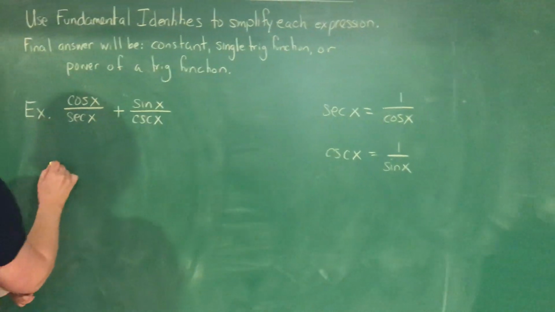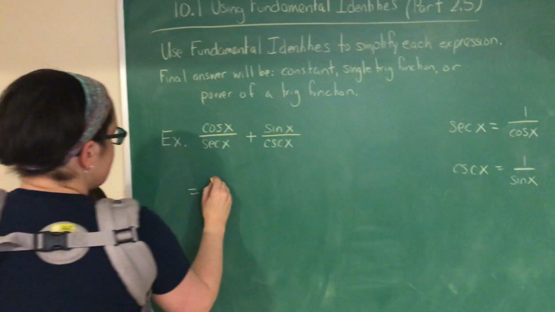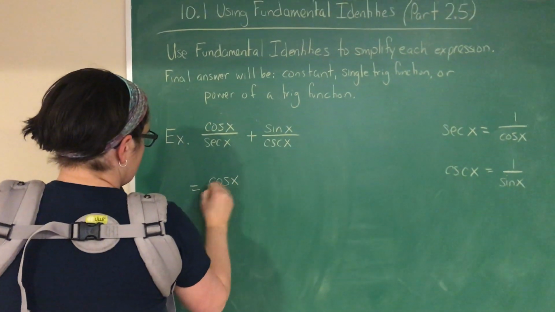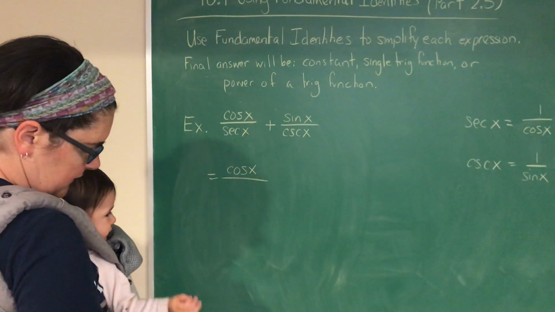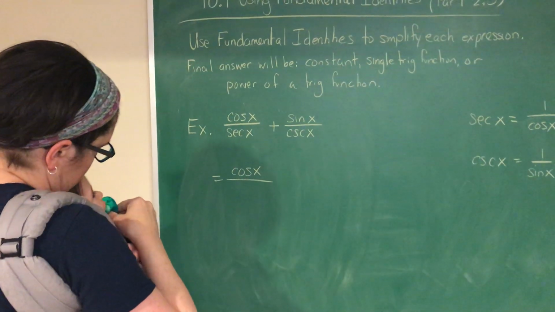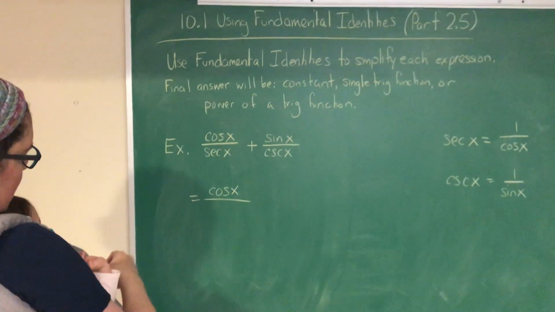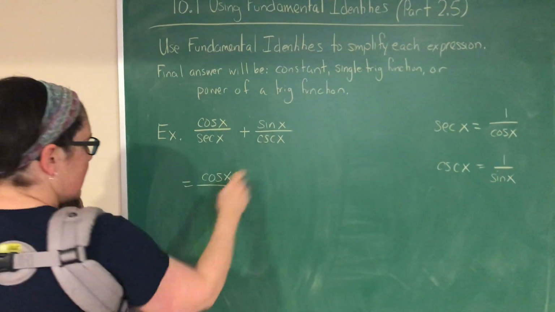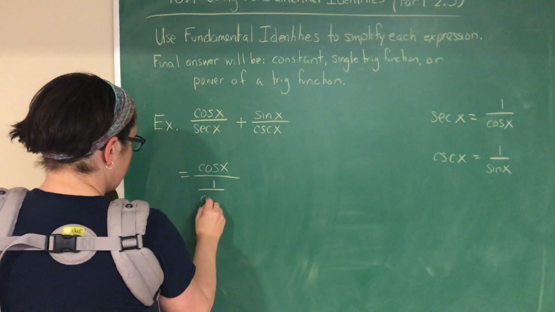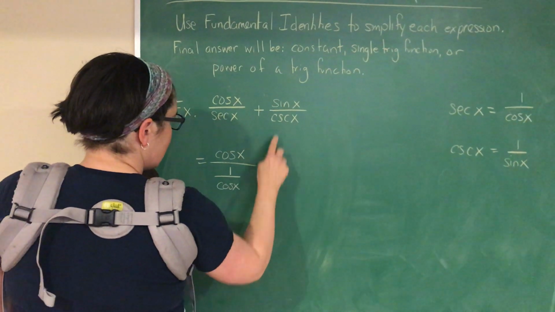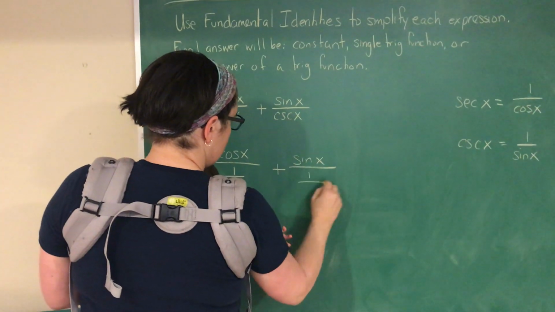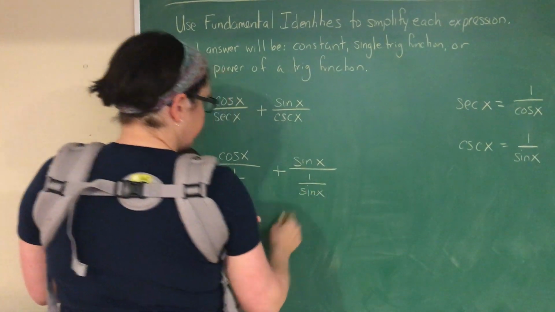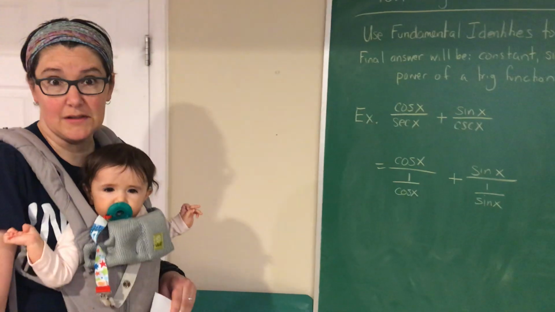Okay, so replacing pieces, I have cosine of x over, oh, I know it's tough. Here you go. Replacing secant x, I can replace that with 1 over cosine x, and I can replace cosecant of x with 1 over sine x. It looks like I just made things a lot worse.